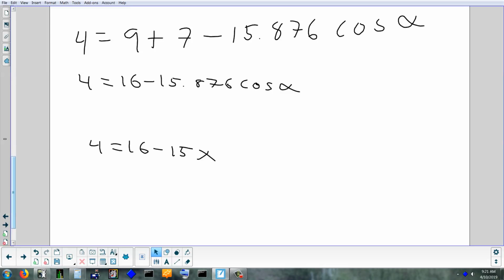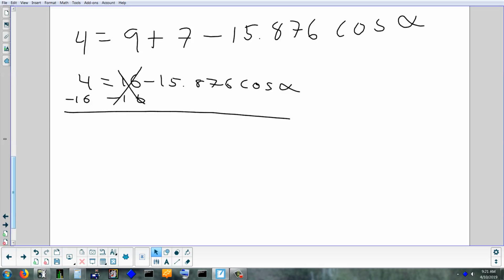So what would be your next step in that equation? Subtract 16. Yep. Start moving things away from the variable. Put them on the other side. So the next step would be subtract 16.